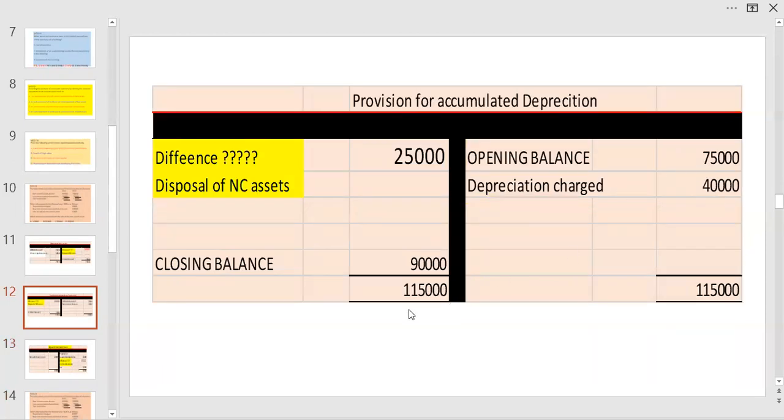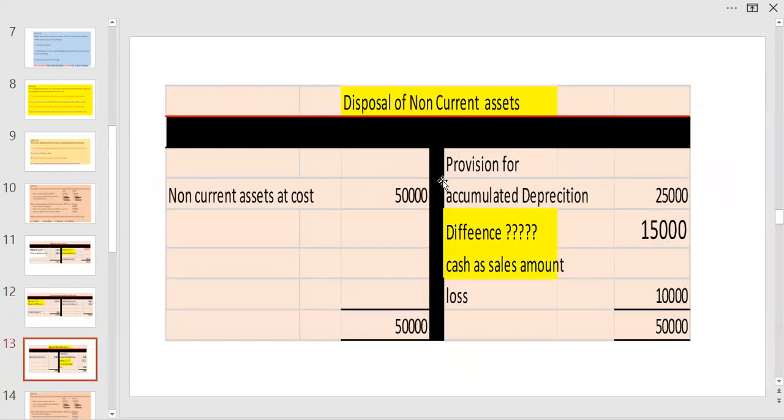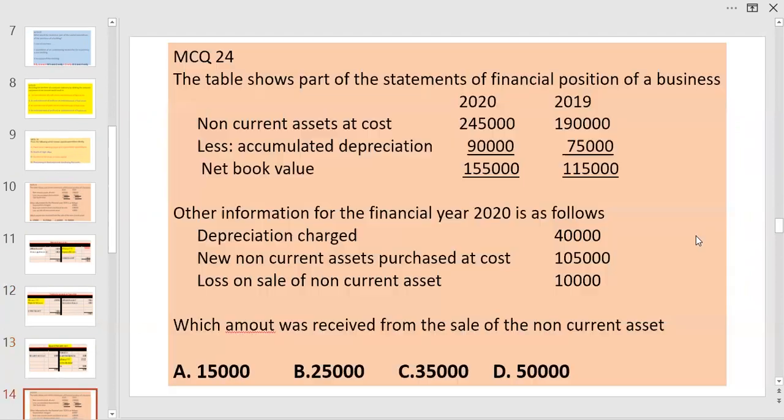It should have been 115, but it is shown only as 90 as closing balance. Therefore, the difference should be that of the asset disposed. As you see, the cost has been brought to the disposal account. Similarly, the depreciation, and they say the loss on the sale is 10,000, and they want us to know how much the sale proceed is. So as you see, it is the difference, 15,000. Therefore, the answer is A.